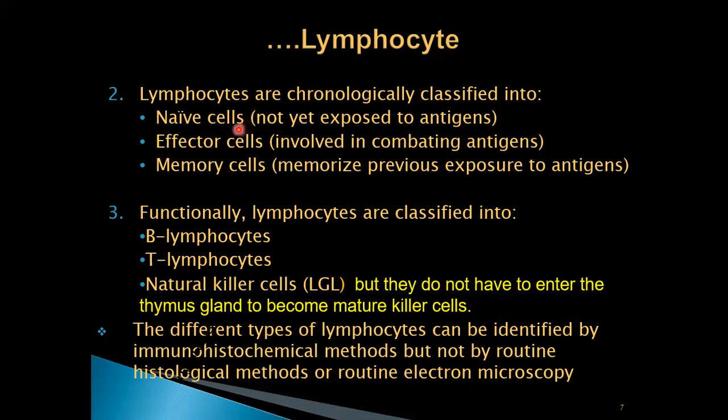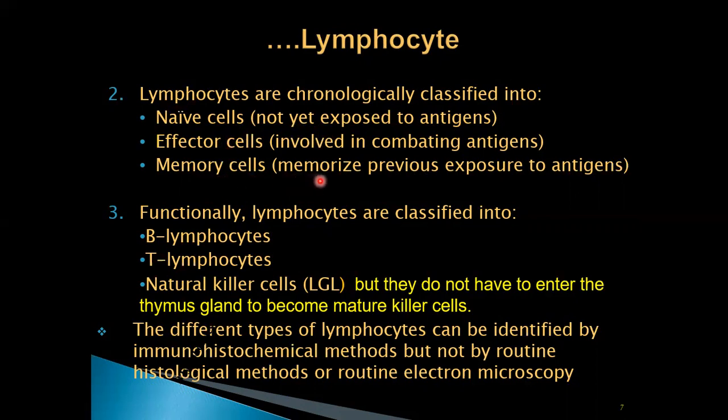Then there are two more kinds of lymphocytes, effector cells and memory cells. After the naive cells are exposed to antigens, they become mature and become effector cells. Now they are able to fight the antigens or pathogens. So effector cells become mature, develop a response against the antigen, and are called effector cells. And some of the naive cells, after they are exposed, become memory cells.